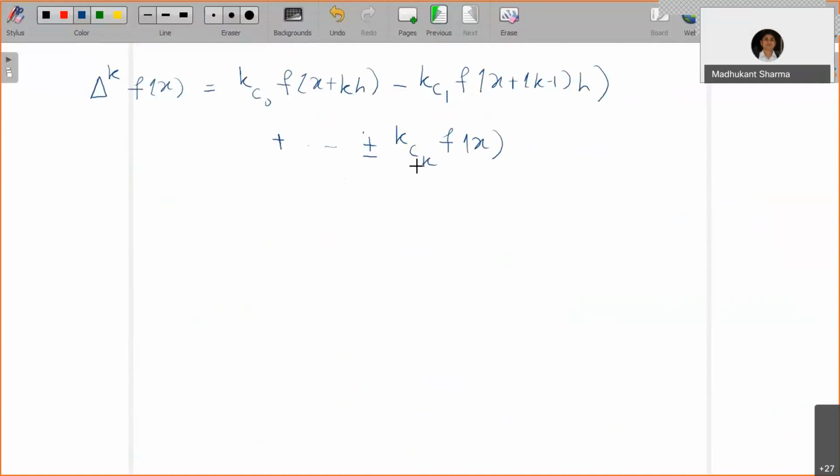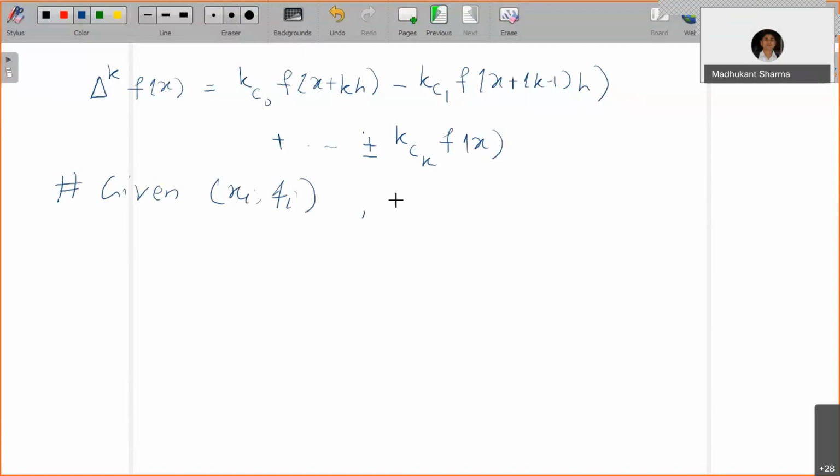With this forward difference operator, let's see how they look in the difference table. You have the pair of data (x_i, f_i).